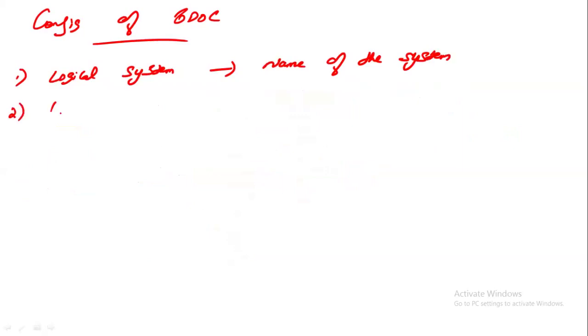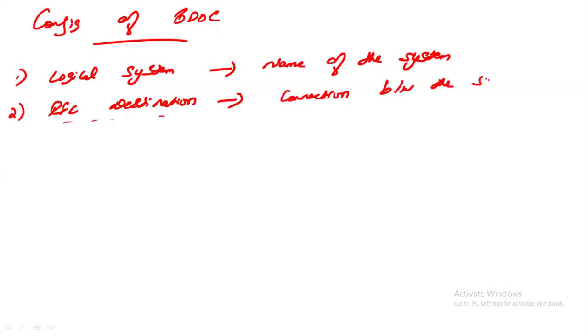The second thing is the RFC destination. The RFC destination is going to create the connection between the systems. I'll show how the screen looks, but we will not be able to connect it because it is a basis job. Then the third job done by basis is the port creation.